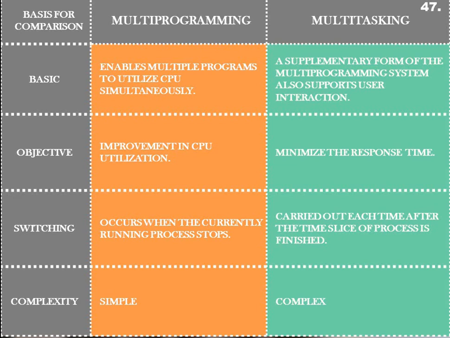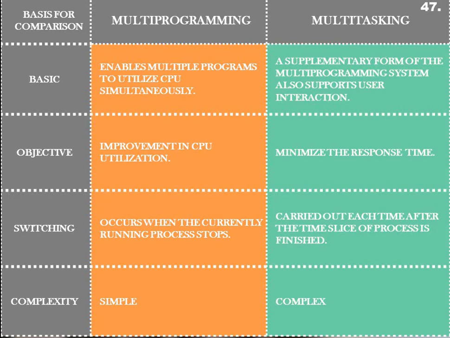Multiprogramming supports this phenomenon of switching, that when the currently running process stops, then the other process starts. When the CPU stops the execution of one process, then it switches to the other process or program or task for execution. While in multitasking, switching is carried out each time after the time slice of a process is finished.